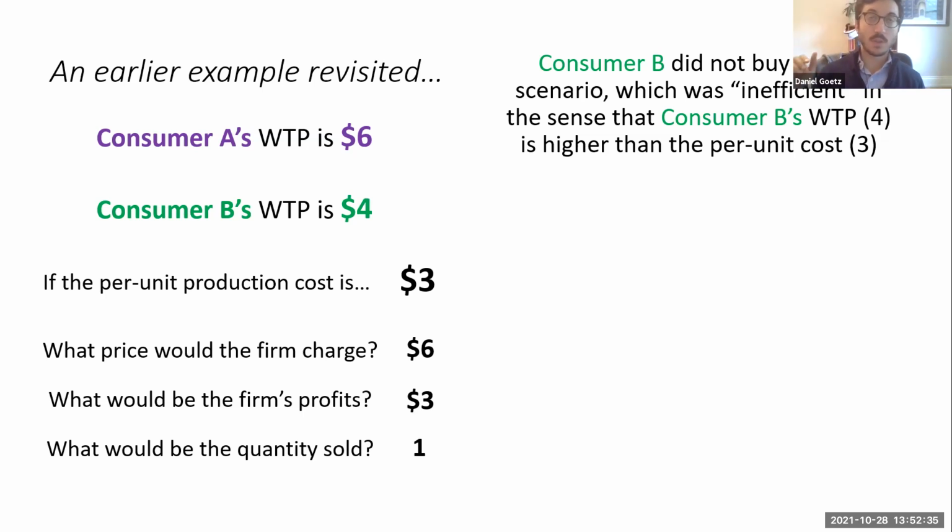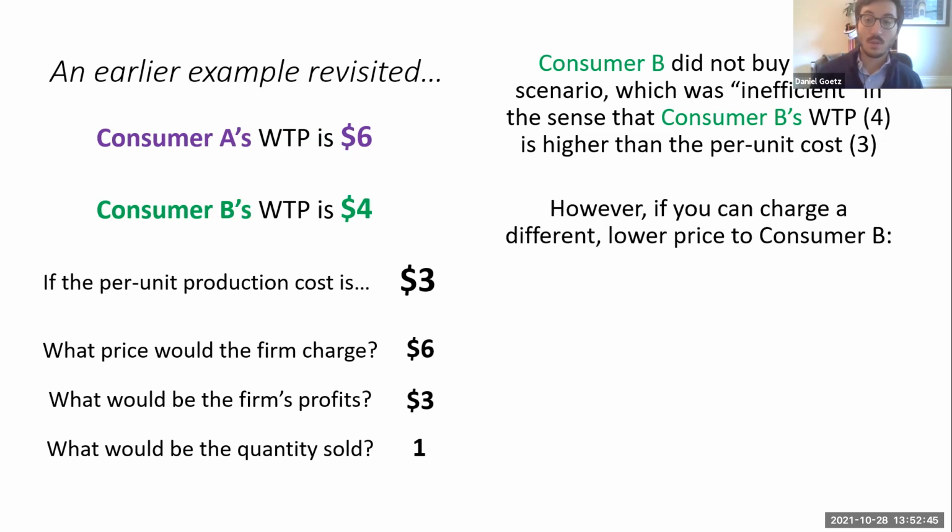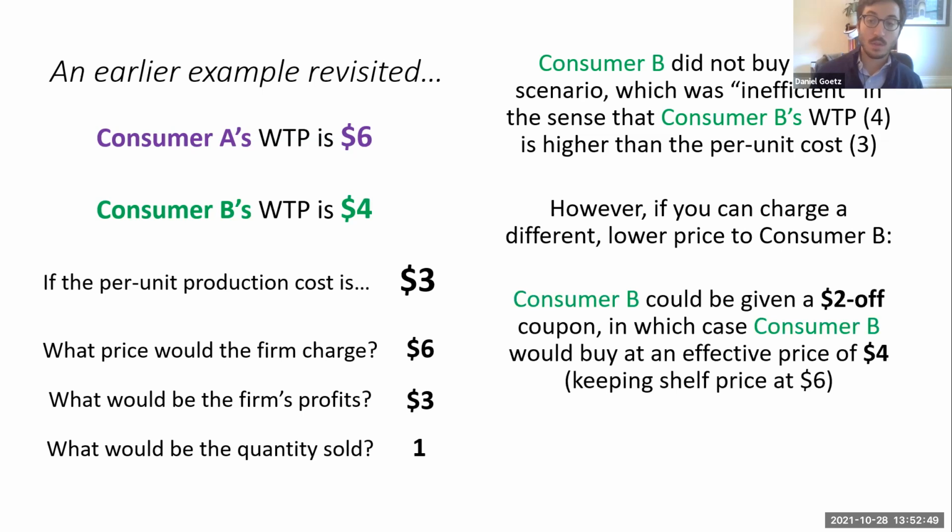Which was kind of inefficient in the sense that if we could sell to them for $4 and just them, then we would still make money because it only costs us $3. If you can charge a different price to consumer B, if you could give them the $2 off coupon, then consumer B would be buying at $4, right? Keeping the shelf price at $6 for consumer A who doesn't have the coupon.